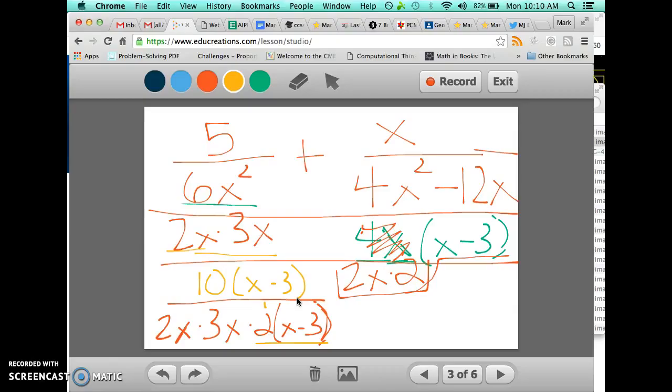Now this side, I've got 2x times 2 times x minus 3. So really what I'm multiplying by is 3x. x times 3x is 3x squared. And then it's the same denominator, which is 2x times 3x times 2 times x minus 3.